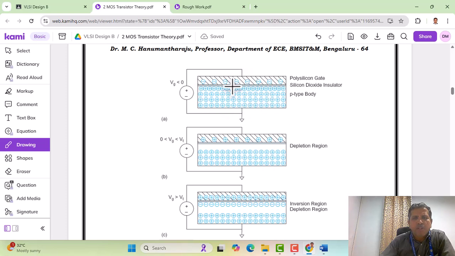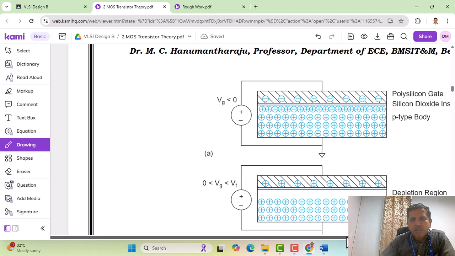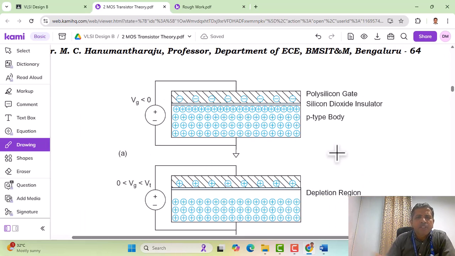Here we have just the gate. I'll zoom in a little bit for your reference. This is the isolated gate structure, and here we have three layers. The upper layer is the polysilicon layer.